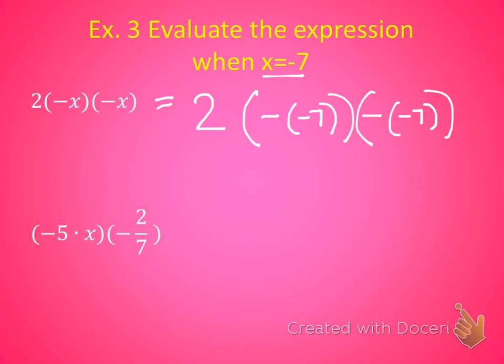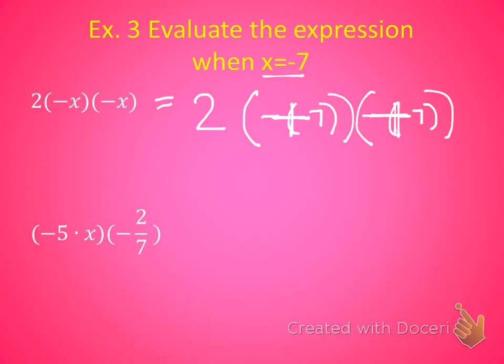Now, this is where using brackets would come in handy because you see that I've got 2 sets of parentheses, but it doesn't really matter. Now, 2 negatives side by side, what do I do? Change it to a positive. So this is going to become a positive 7, and so is this. Now, does that mean I do 2 plus 7 plus 7?